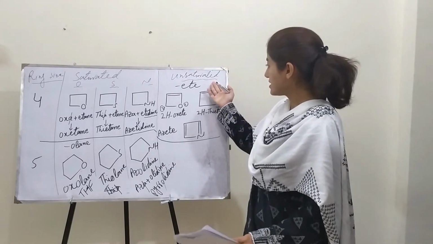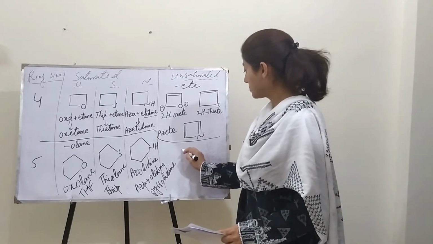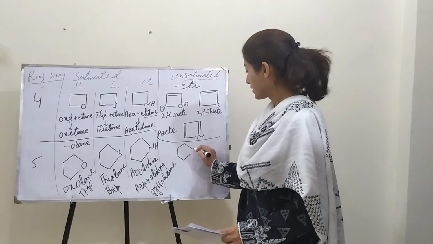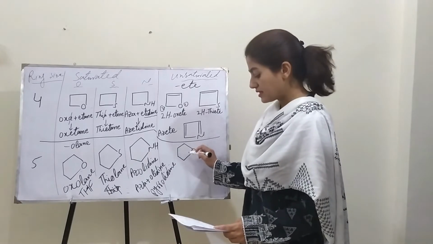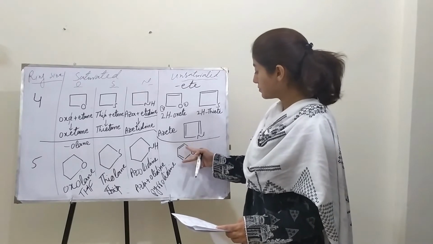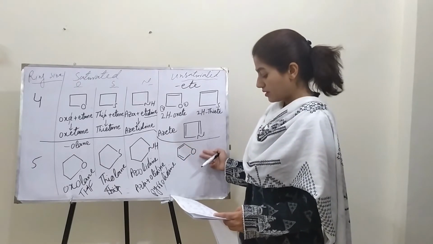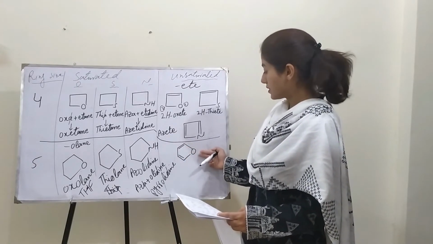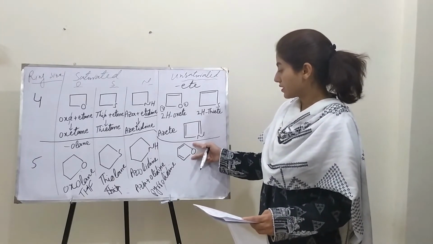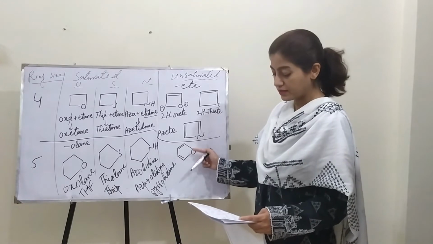Now, in the case of unsaturated system with 5-membered rings, here with oxygen, this unsaturated system would be like this. Here there would be 2 double bonds and oxygen would form the single bond. Oxygen will form the 2 bonds over here in the form of 2 single bonds.